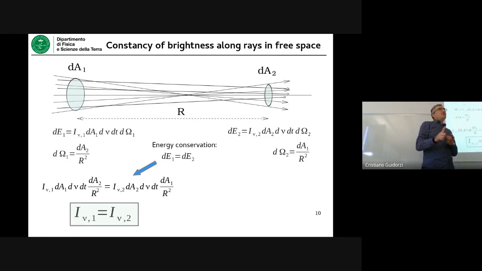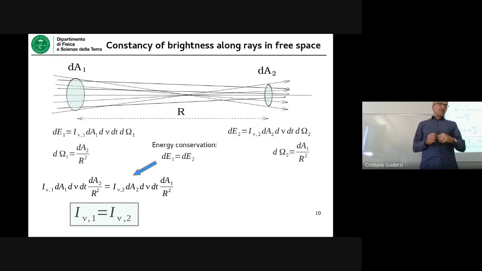Yeah, very simple, but very meaningful and not so obvious. It means that when a given amount of radiation is traveling in vacuum, intensity doesn't change along the path. Energy intensity remains the same.